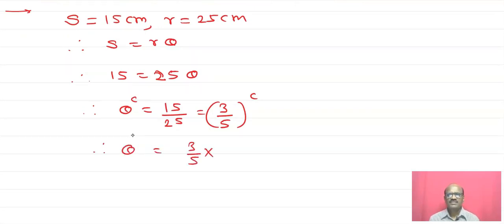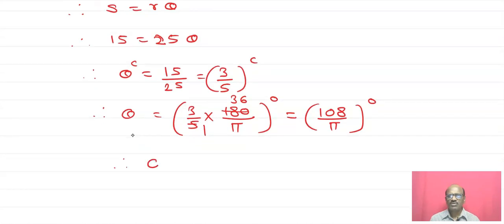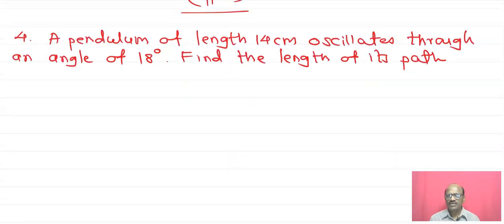Then that is 3 upon 5 into 180 upon pi. And that angle comes to 108 upon pi degree, or 34.40 degree.